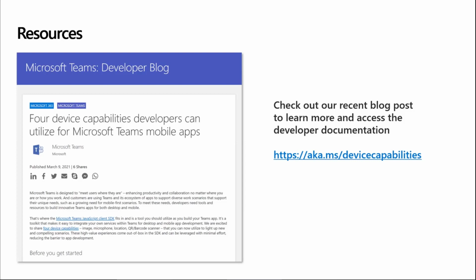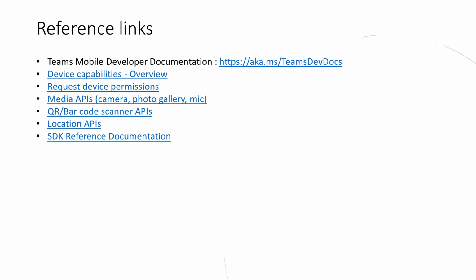Third is audio or mic, which is recording audio using the device microphone. And the final one was the QR barcode scanner, which is being added to the client SDK as a ready-to-use control right out of the box. You can check out this blog post. The link is aka.ms/devicecapabilities, and also the respective documentation.